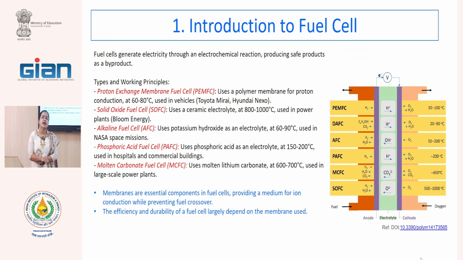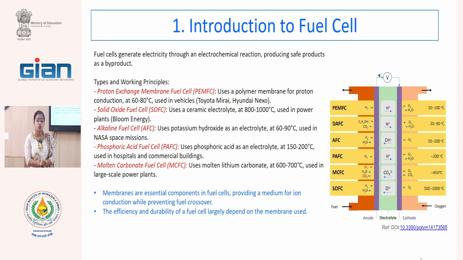Now, the main purpose of these membranes, as we have been saying, in a fuel cell, is to stop the intermixing of anode and cathode gas, but at the same time transport the ions separately. So, they have a huge role. Especially in fuel cells like PEM, we see that the cost of the membrane is comparatively lower than that of the electrode material. But it can often be a rate limiting step.